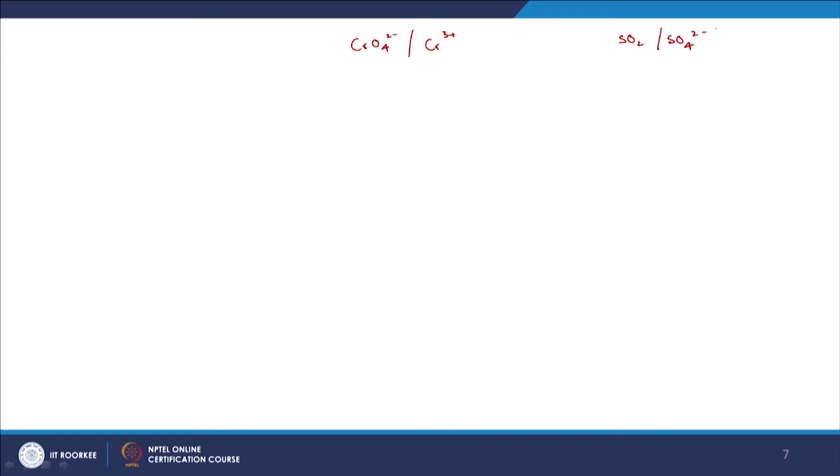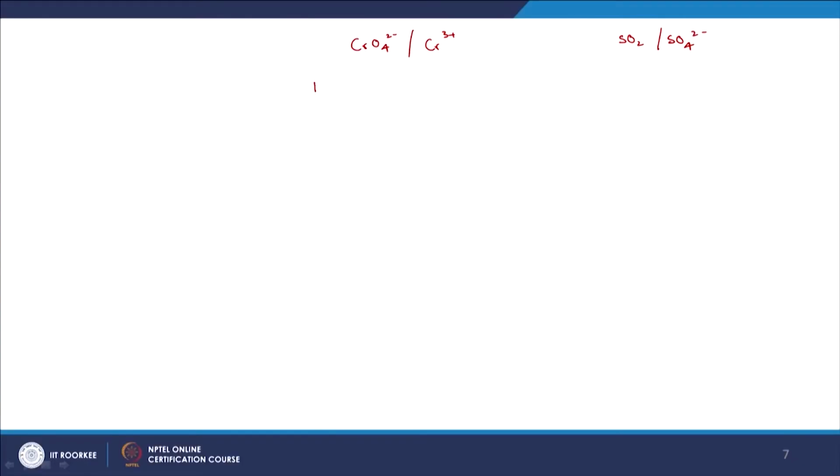Now I need to first identify which one is going to be oxidized and which one is going to be reduced, and write the relevant half reaction. If we do not have the background, we need to calculate the oxidation states, and anyway you need to calculate them because you need to assign the number of electrons being transferred, right.